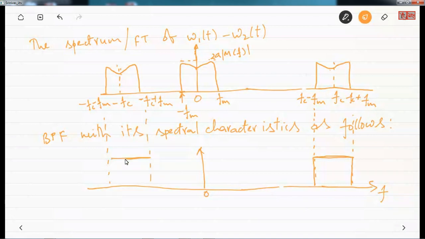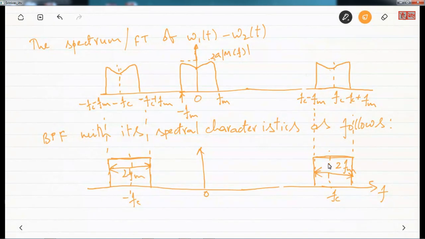Say this is minus FC, this is FC, and this is 2 FM. So I should have a band pass filter having characteristics like this.